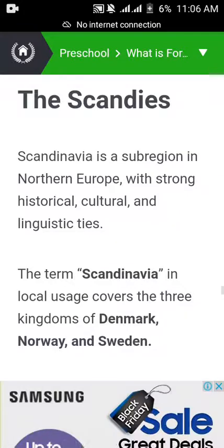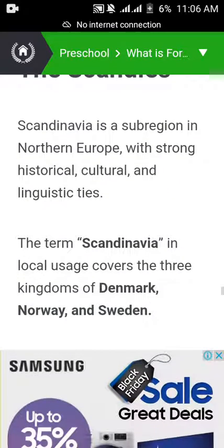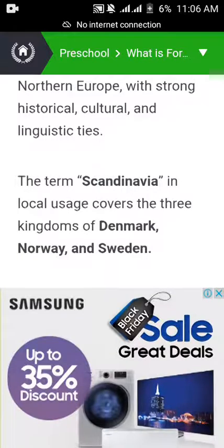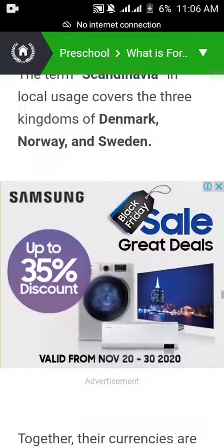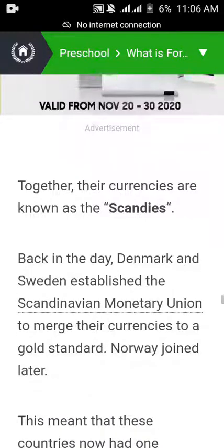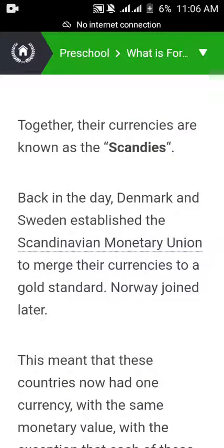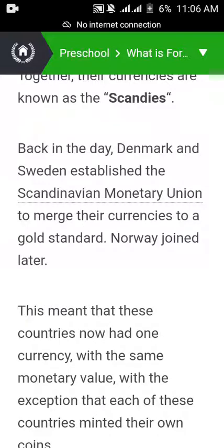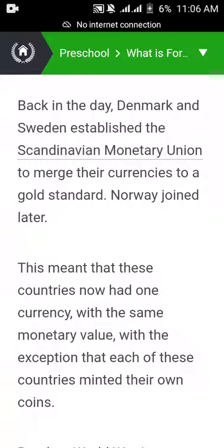Scandinavia is a sub-region in northern Europe with strong historical, cultural, and linguistic ties. The term Scandinavia in local usage covers the three kingdoms of Denmark, Norway, and Sweden. Together, their currencies are known as the Scandies. Back in the day, Denmark and Sweden established the Scandinavian Monetary Union to merge their currencies to a gold standard.